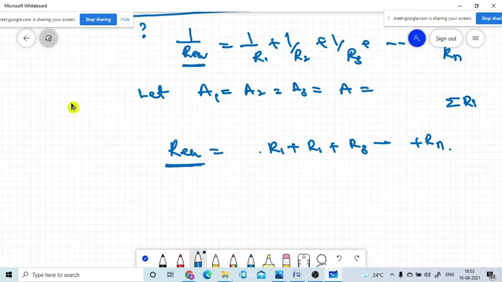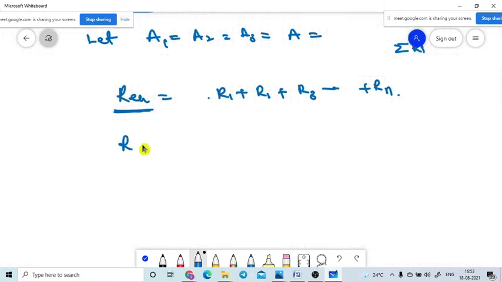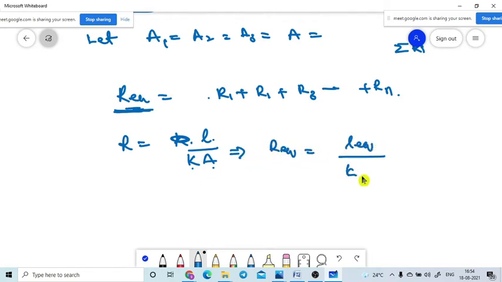The fundamental formula: R is equal to L divided by K into A. This is the formula we have. So R equivalent means L equivalent divided by K equivalent into A equivalent. So R equivalent is equal to L equivalent value divided by K equivalent value into A equivalent value. Are you getting it or not?